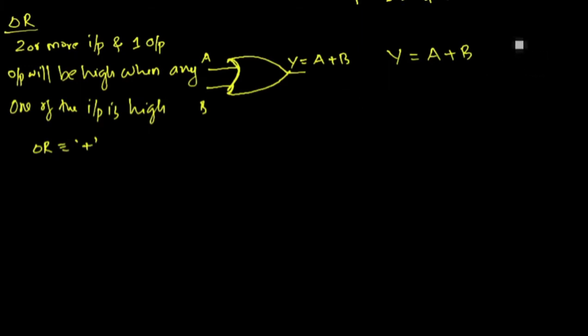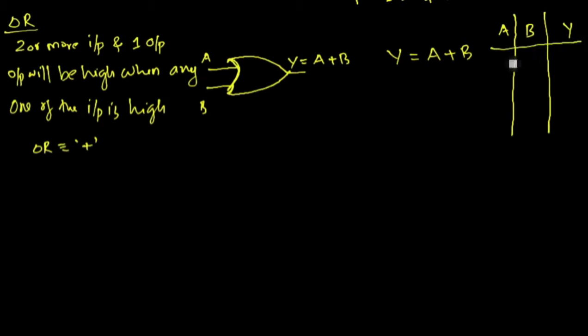Now if you consider the truth table, it will have 2 inputs A and B and one output Y. So let's see what the input values are for different combinations of the input.